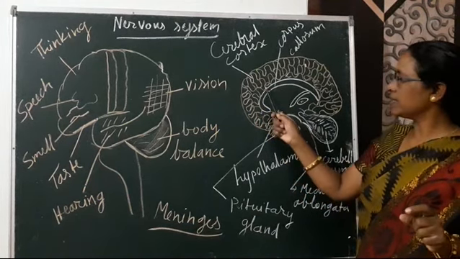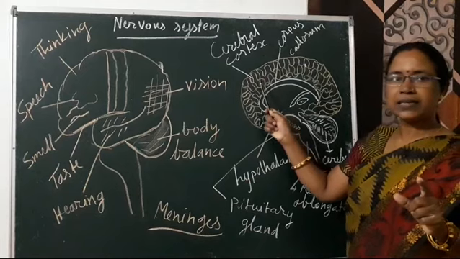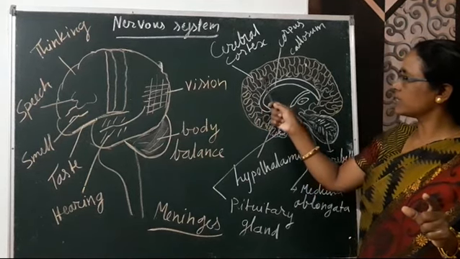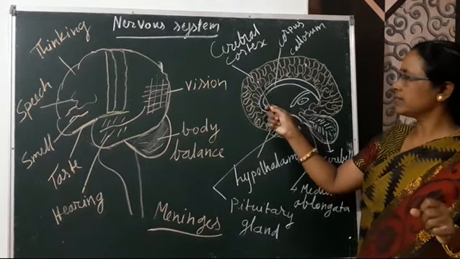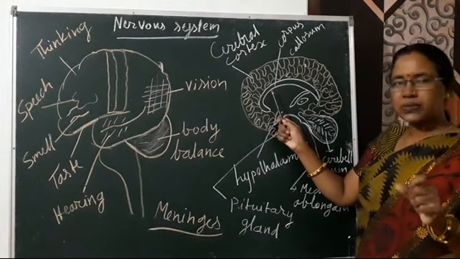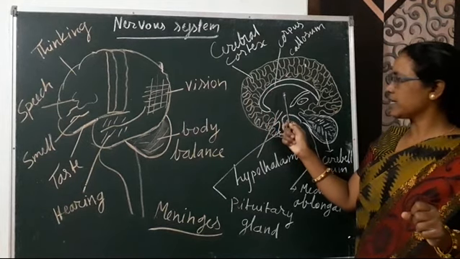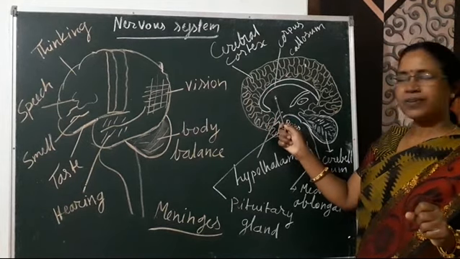The cortex is gray in color, that is gray matter. The axon is white, so that is known as white matter, found in the medulla region.